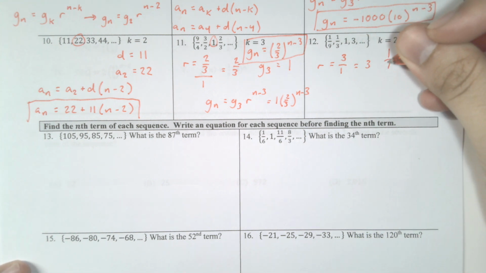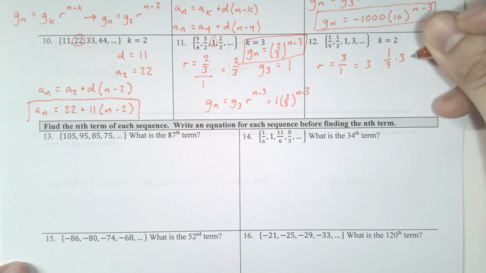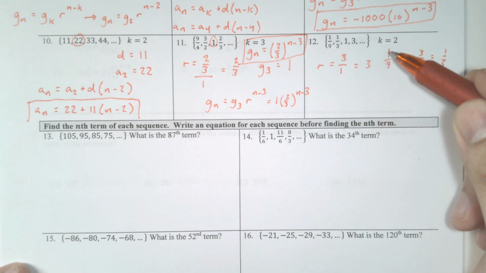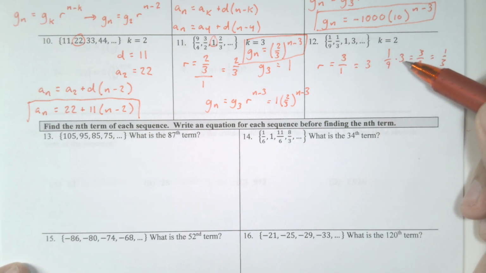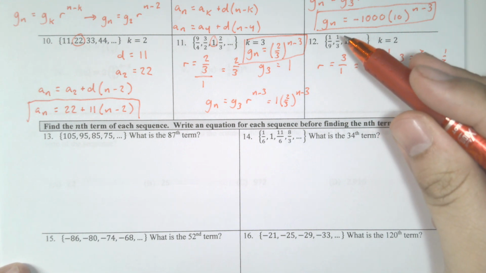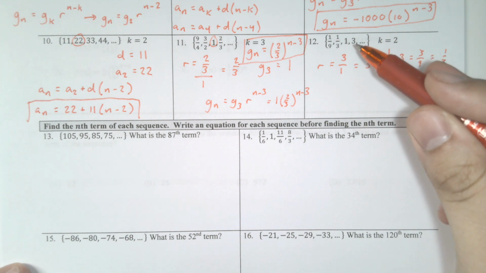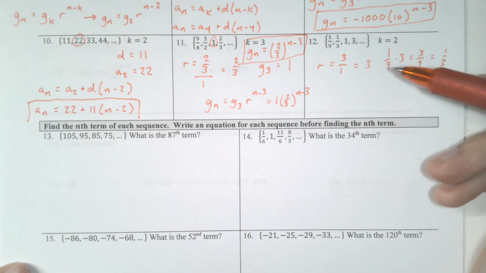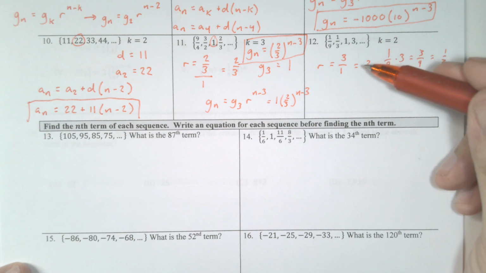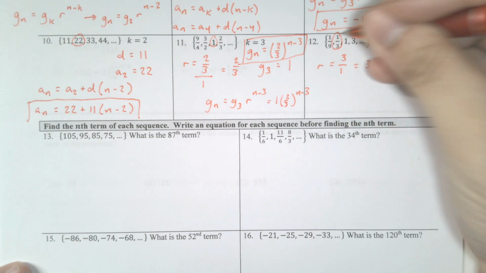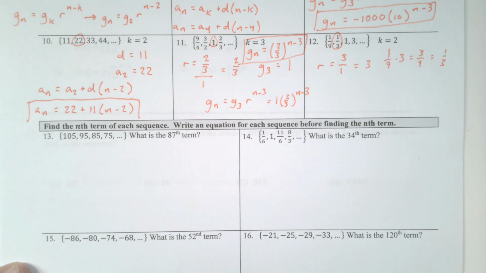Well, 1 divided by 9 times 3, that's equal to 3 over 9, which is 1/3. And so, yeah, clearly we have to be multiplying by 3 every time, because then 1/3 times 3, we should definitely recognize that that's equal to 1. 1 times 3 is 3. So our ratio is definitely 3. And our second term is that 1/3.